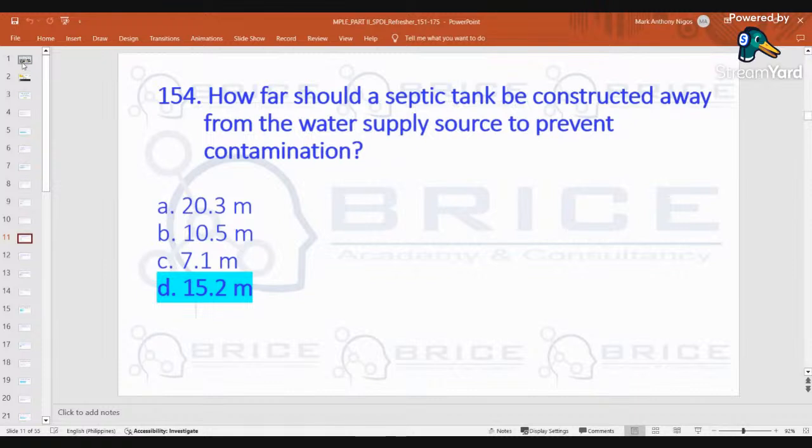A septic tank should be 15.2 meters away from the water supply source to prevent contamination.